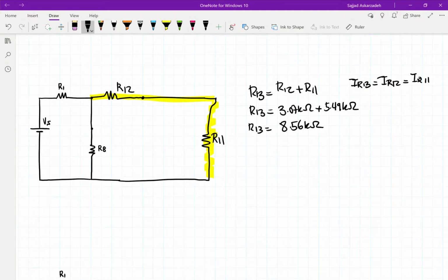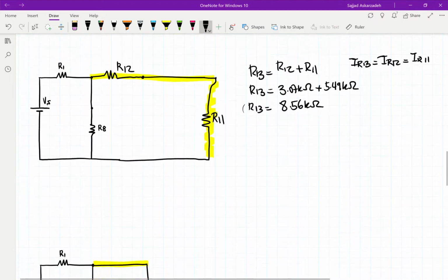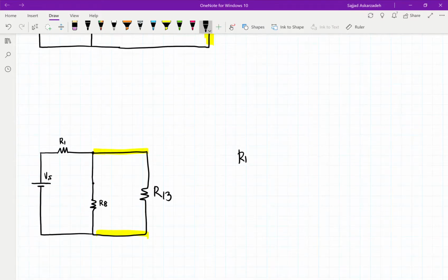The next step is to combine these two into one resistor, and we'll call it R13. R13 is our new resistor that's been added. Now we can show that R13 and R8 are sharing the same two nodes, so they're in parallel. So our last one was R13, now it's R14. It's going to be R13 multiplied by R8, divided by R13 plus R8.